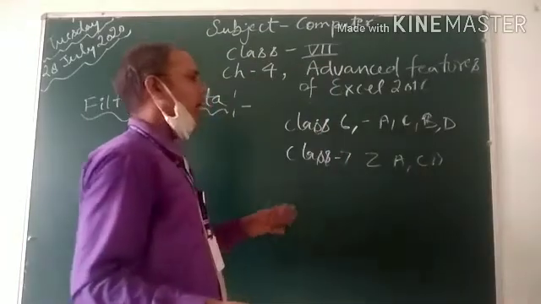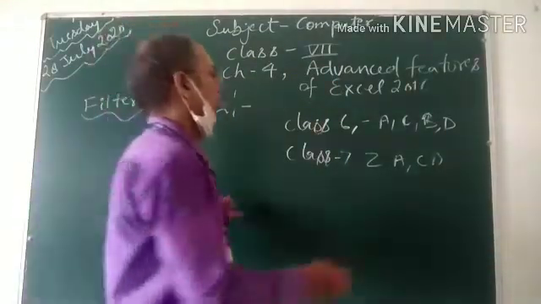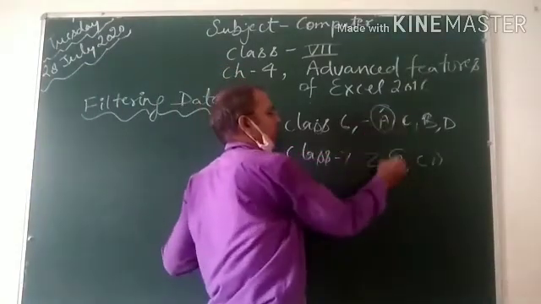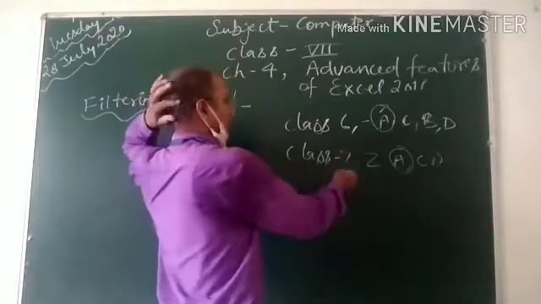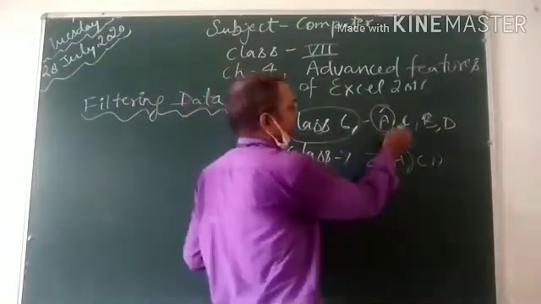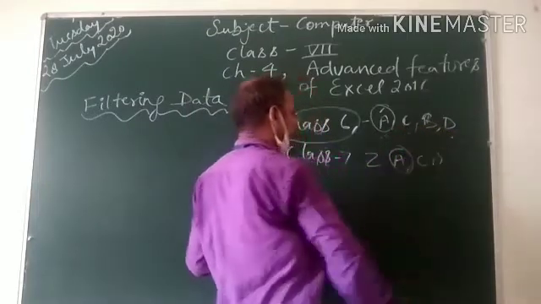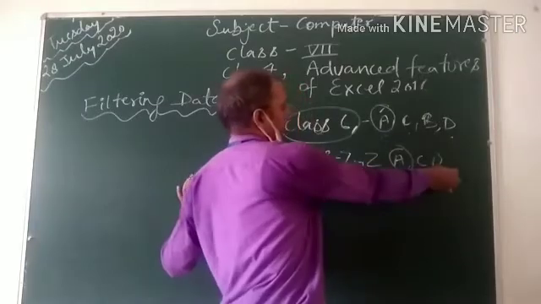If you want to select only student A, filter. If you want names that start with A, then click on A and filter. If you want only students who are in class 6, then filter on 6. Then you will find only the class 6 students. If you want the students of class 7, then you will find only Z, A, C.